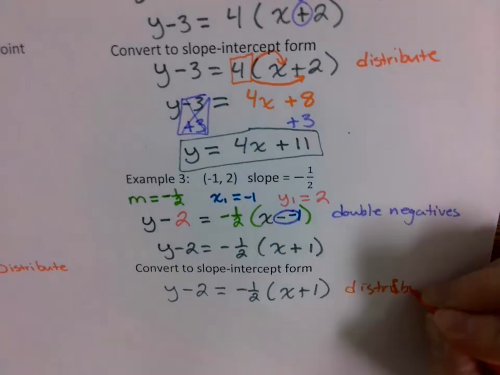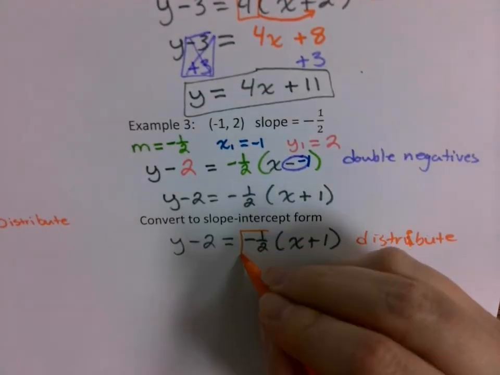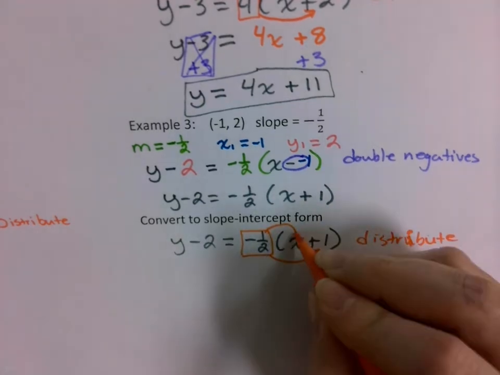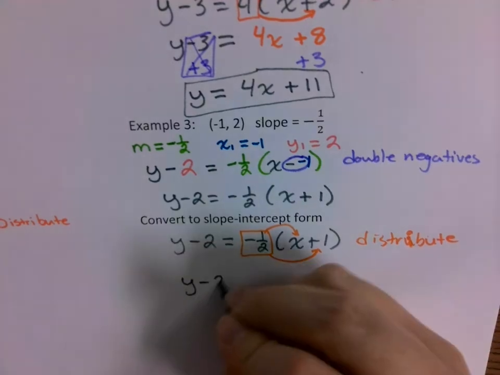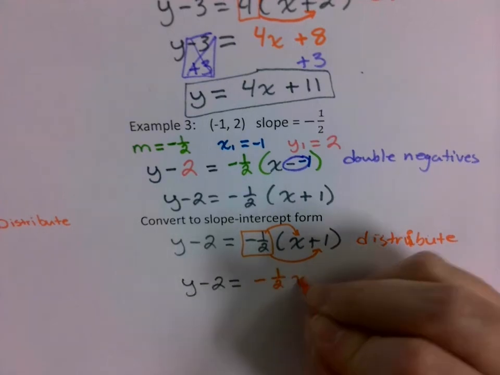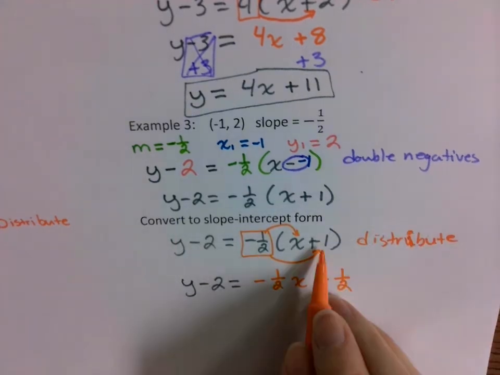So we take that negative 1/2 and multiply it to the x, and negative 1/2 and multiply it to the positive 1. So we are left with y minus 2 is equal to negative 1/2 x minus 1/2. Negative half times a positive 1 is just a negative half.